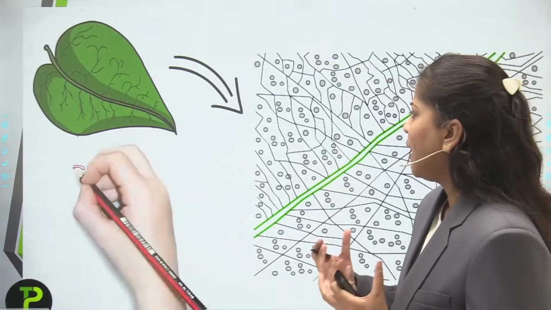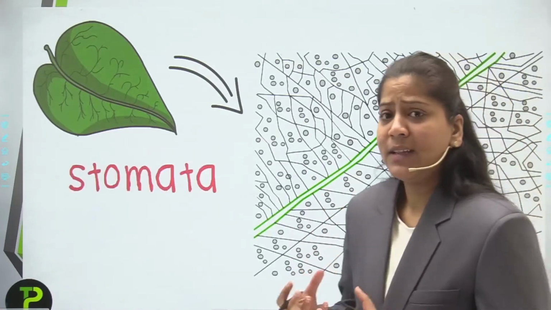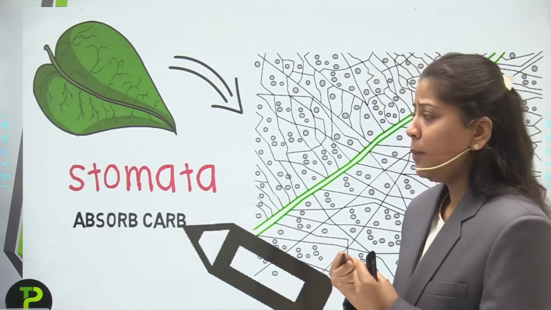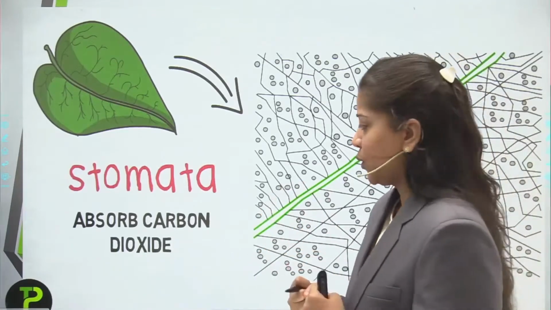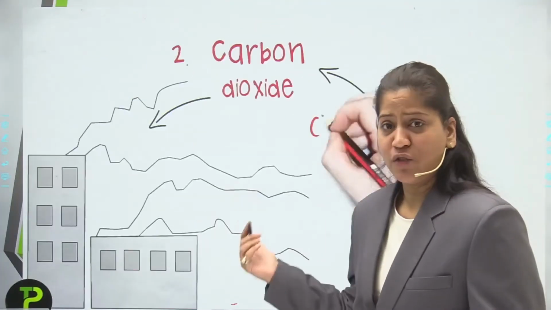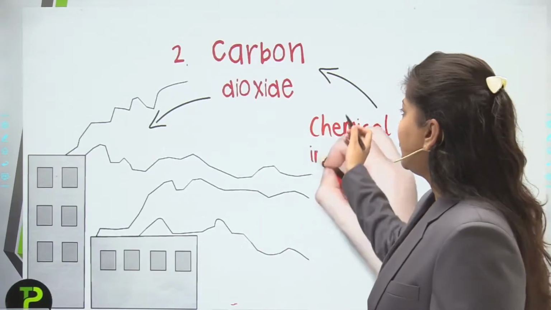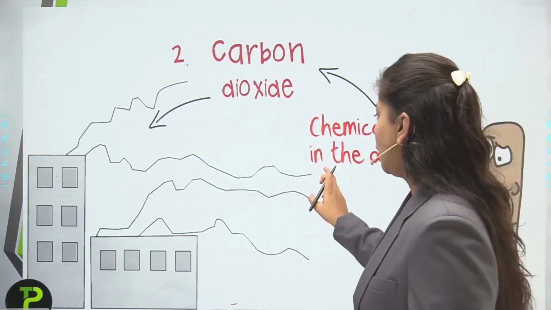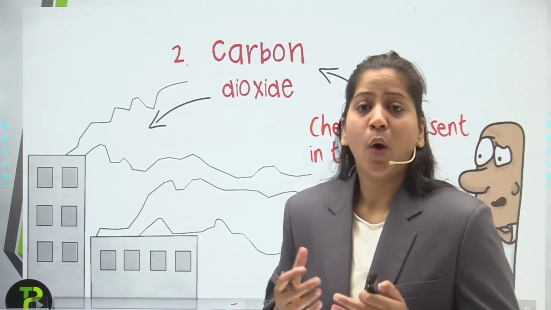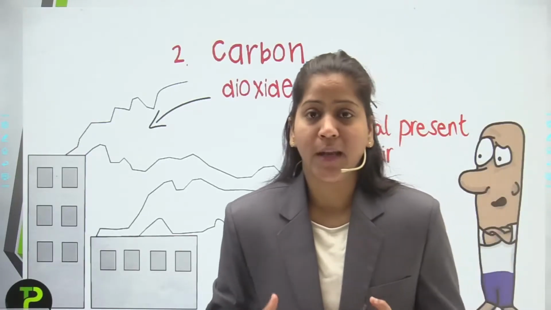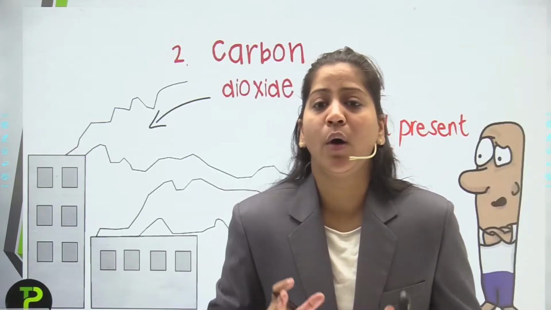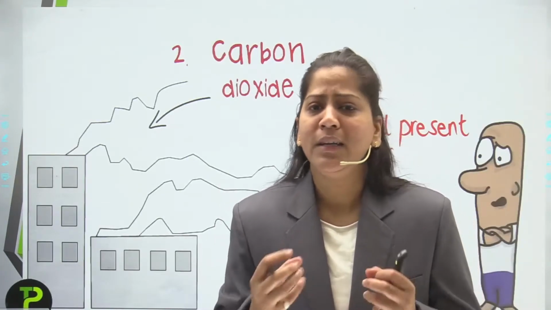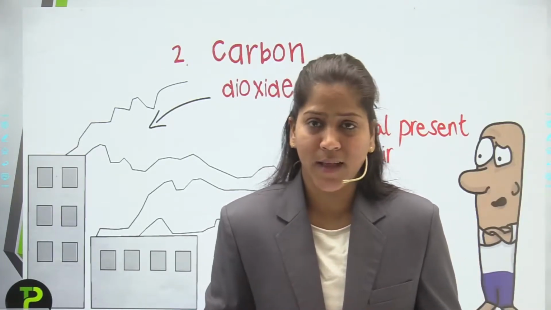By which part or structure do they absorb carbon dioxide? As we all know, all living organisms, including us and including plants, are made up of tiny particles known as cells.